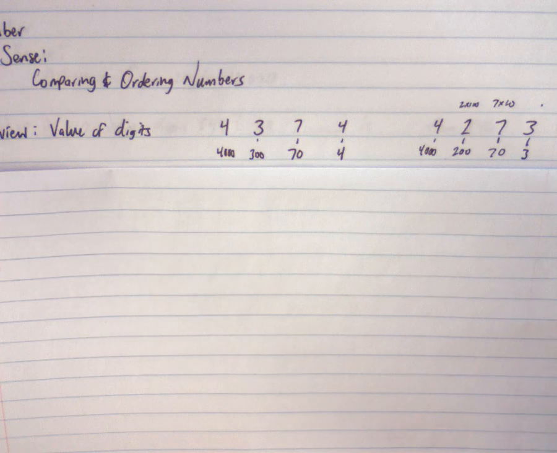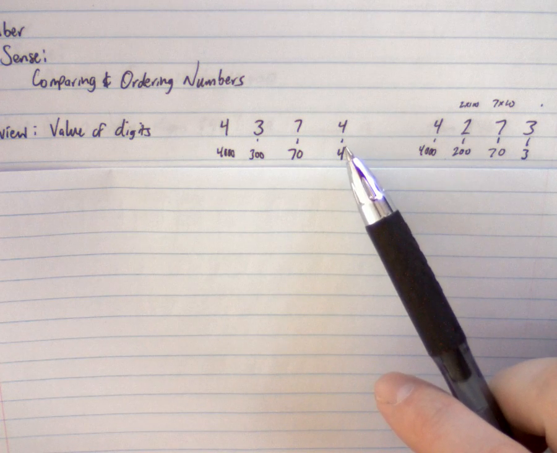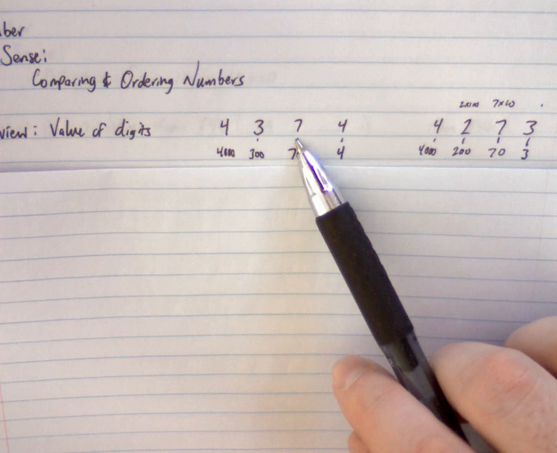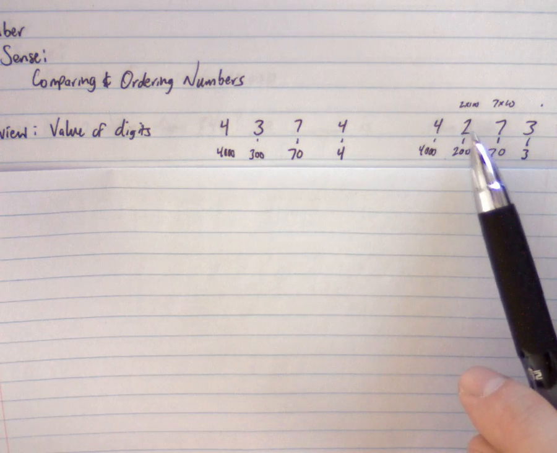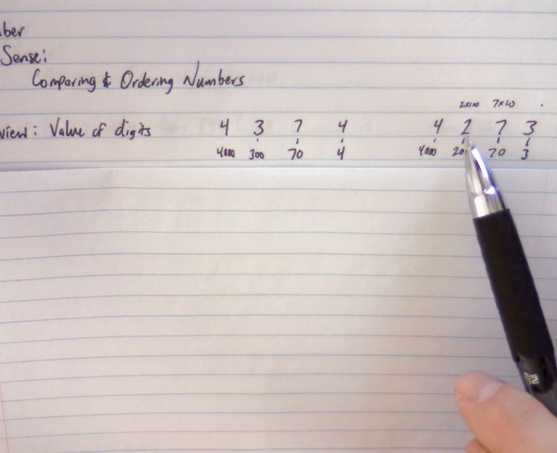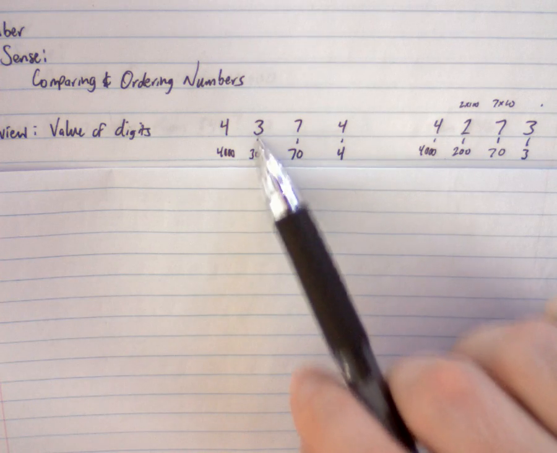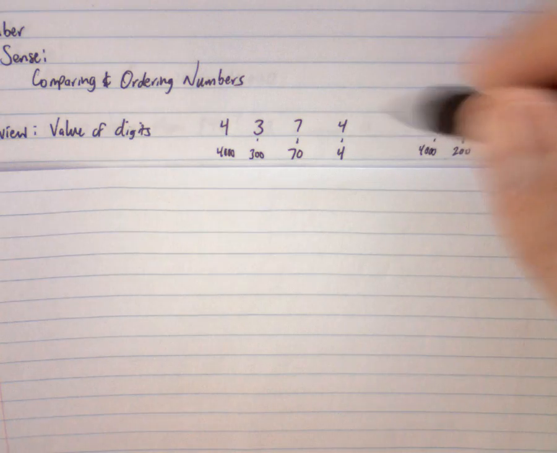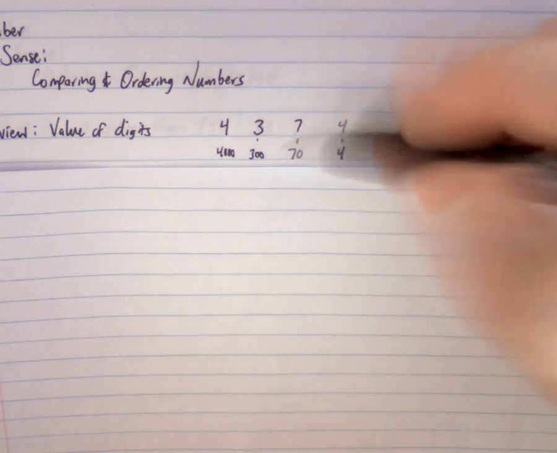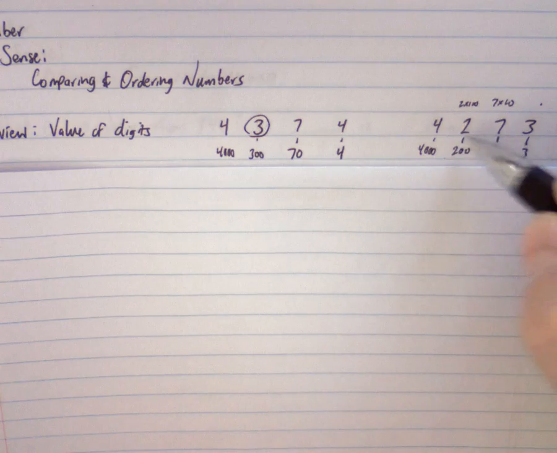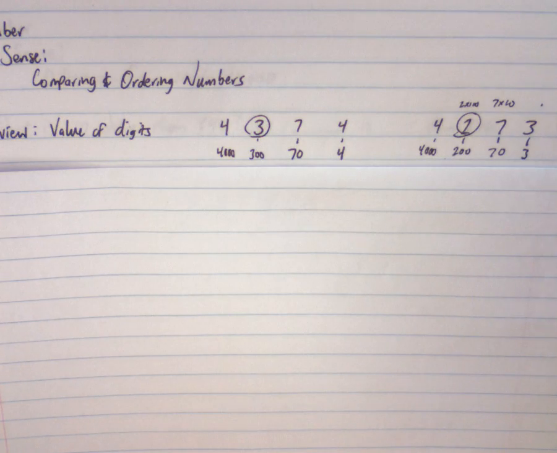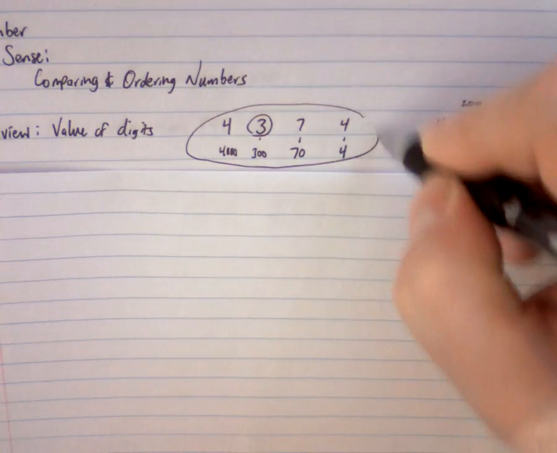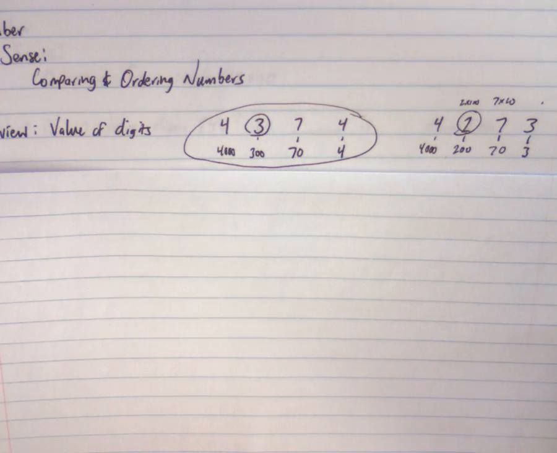We don't know right off the hop that just because of the 1 spot this is a bigger number. So let's look at the tens. They're the same. The telltale sign is going to come down to the hundreds or the thousands. In the hundreds, this one's bigger, and in the thousands, they're the same. Because the hundreds is bigger here and the thousands remain the same, the number on the left is definitely the bigger number.